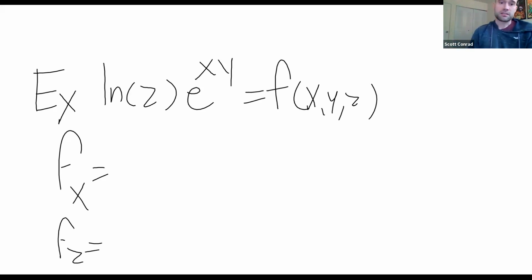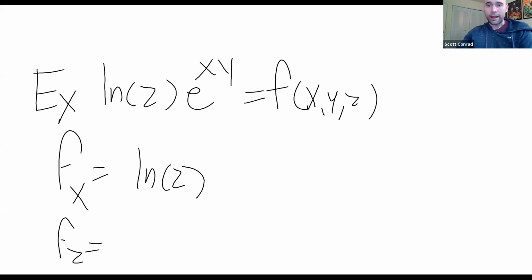So the partial with respect to x: we're treating y and z as constants, differentiating as usual with respect to x. So what happens to our function? Natural log of z is a constant, so that just hangs around. E to the xy, treating y as a constant, is like e to the 2x, except instead of 2, it's y. So that becomes y e to the xy.